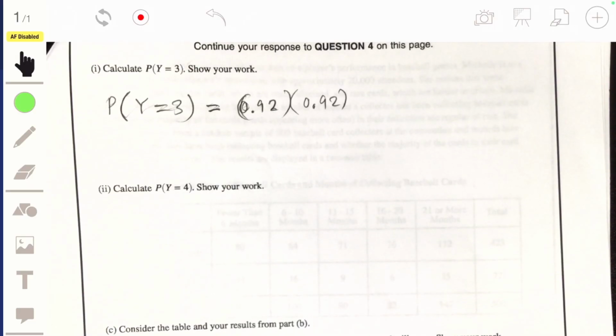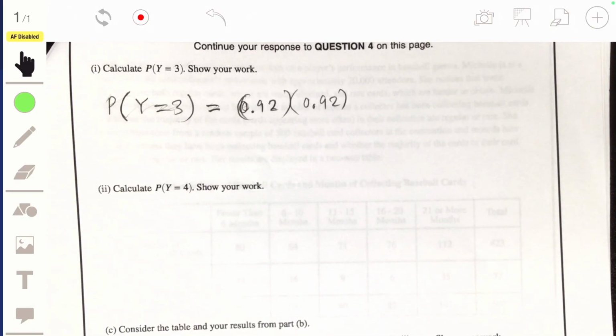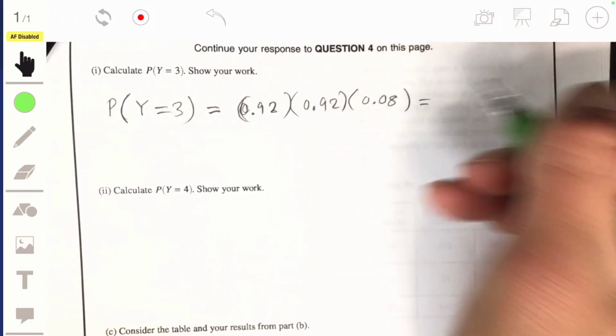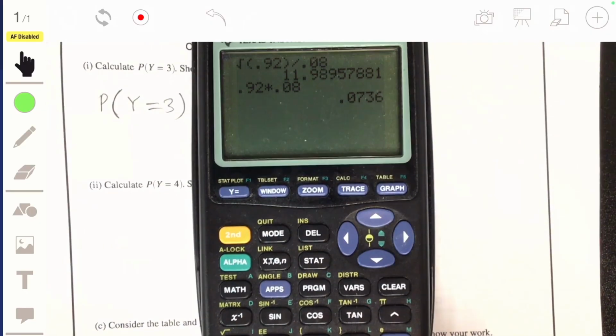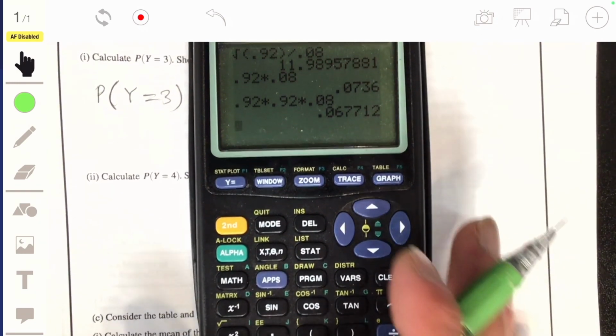But now, if we want to see if he gets it on the third trial, that's where you're going to multiply by that 8%. Because we want a success, so to speak. So we'll do this calculation. 0.92 times 0.92 times 0.08. So about 6.7% chance.